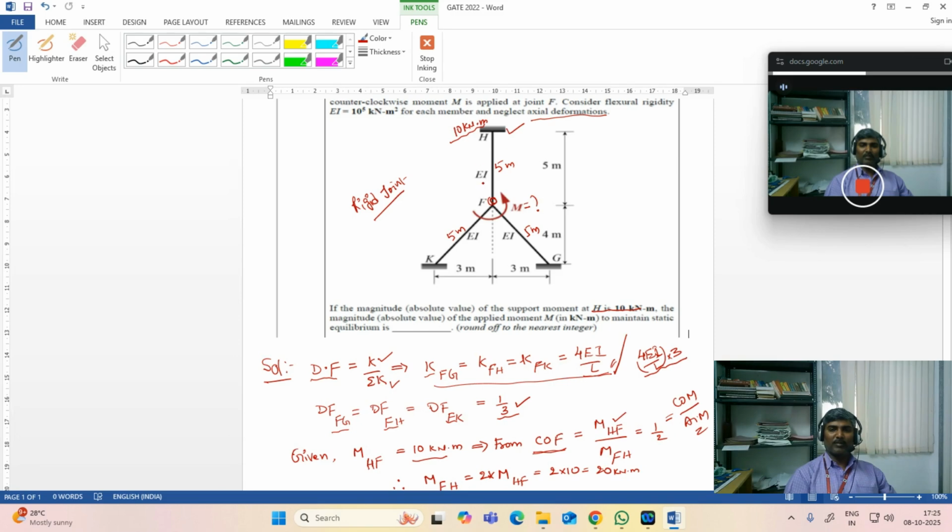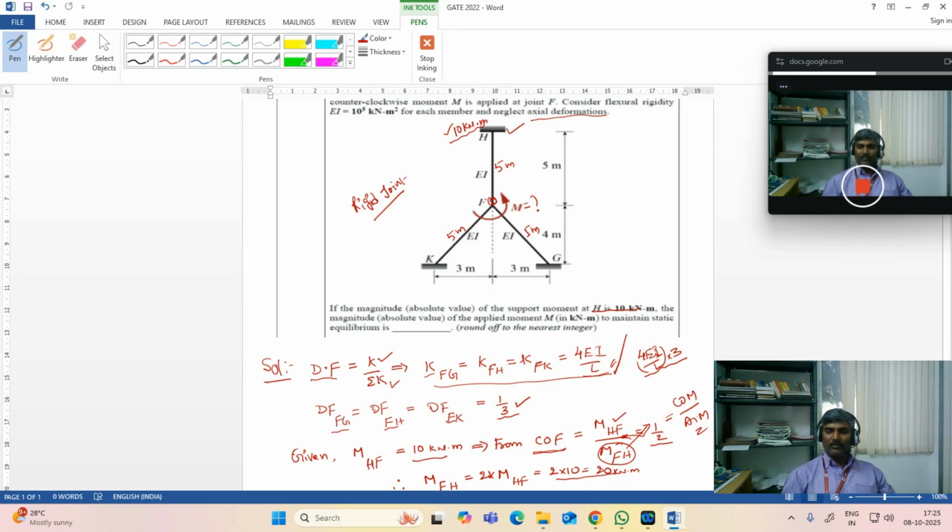For that particular member, because you have the given data for this member only. That's why we are starting our solution at this point. The carryover factor, when the far end is fixed, is 1 by 2. So from this, you are able to find the MFH value by cross multiplication. 2 times MHF value, which is 10, is 20.